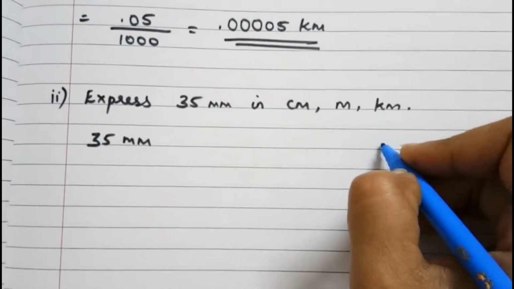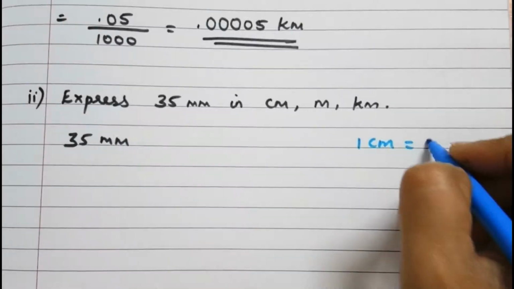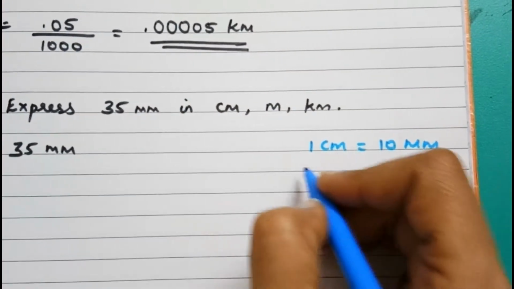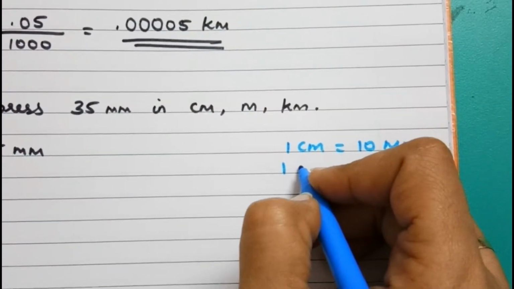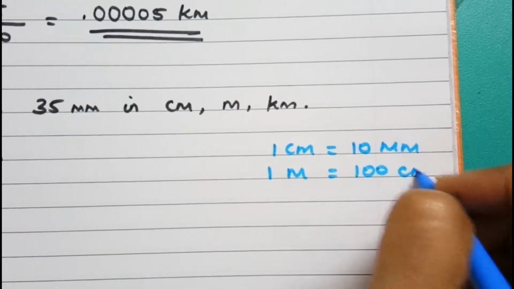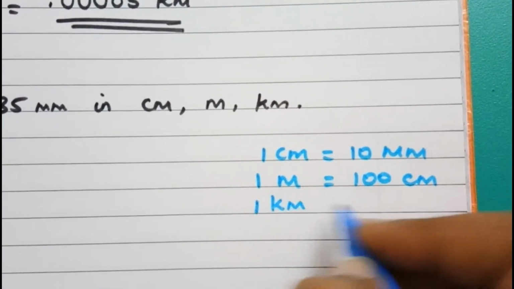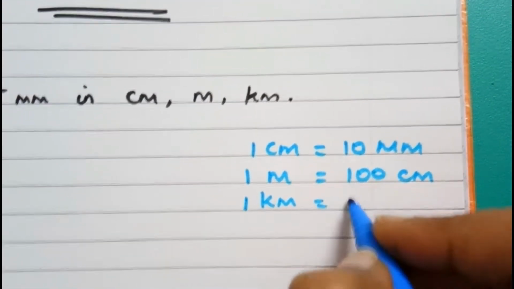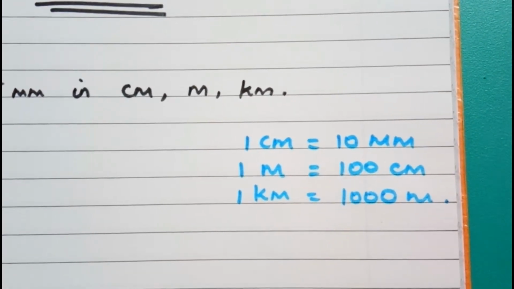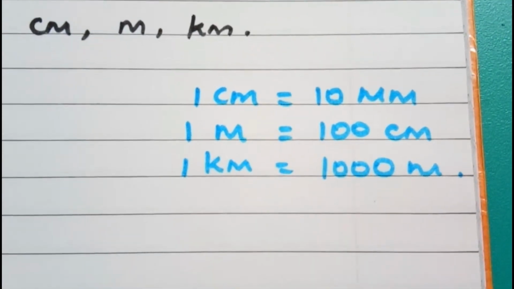Now 1 centimeter is equal to 10 millimeters, 1 meter is equal to 100 centimeters, and 1 kilometer is equal to 1000 meters.